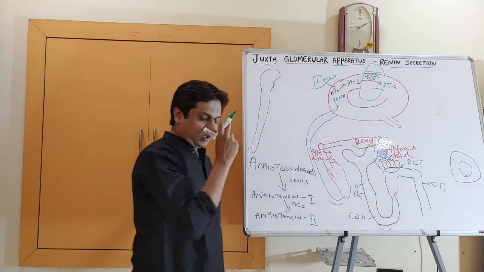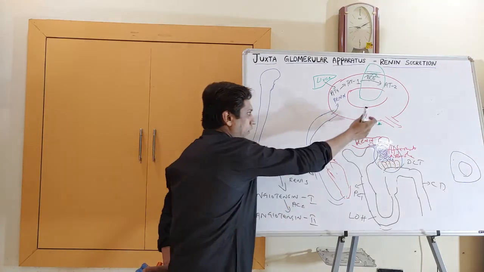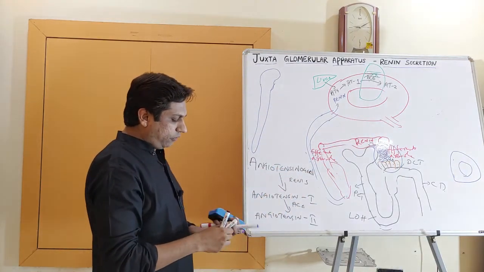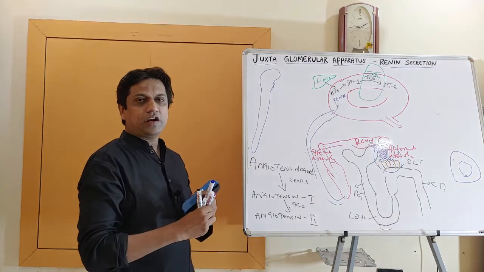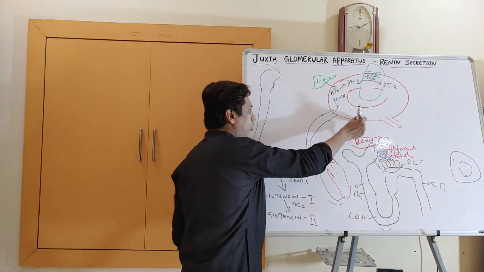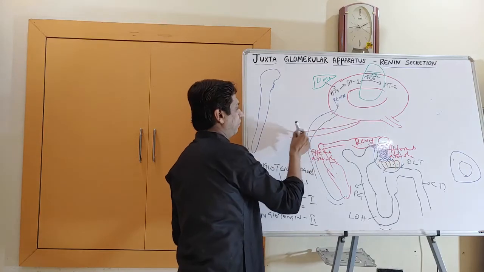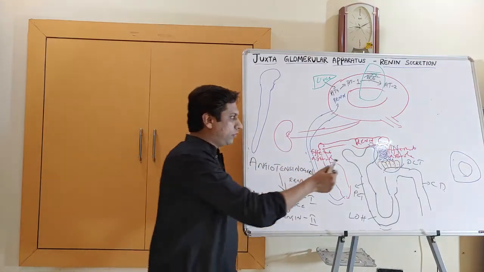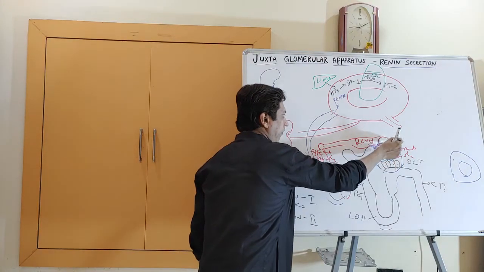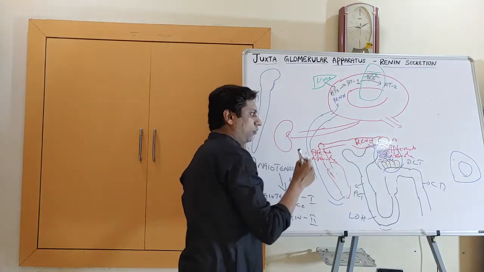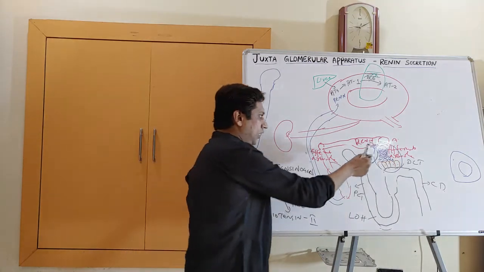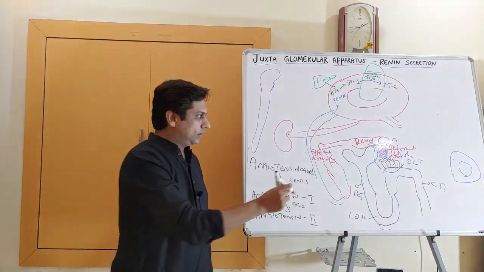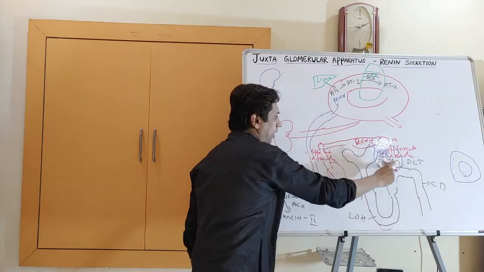What happened? There was a road traffic accident and there was bleeding. When there is bleeding, the blood flow to all the organs is reduced. Especially the blood flow to the kidney is also reduced. When the blood flow in the kidneys is reduced, the blood flowing through the afferent arteriole is reduced. Whenever the blood flow to the afferent arteriole is reduced, the juxtaglomerular apparatus senses this.